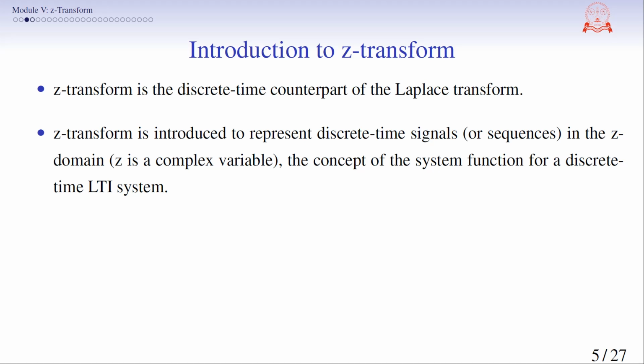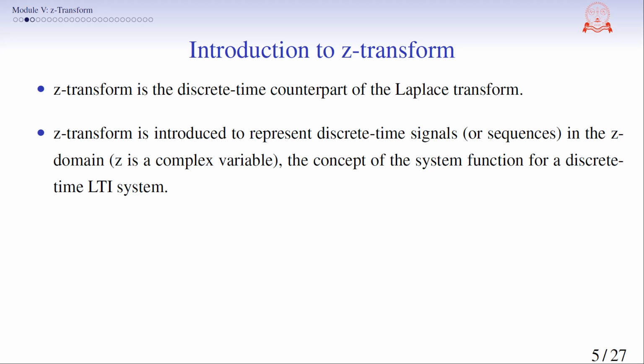whereas the Z transform is introduced to represent the discrete time signal or a discrete time sequence in the Z domain. Here, the Z is the complex variable and is represented in the polar format as Z equal to r e raised to j omega.